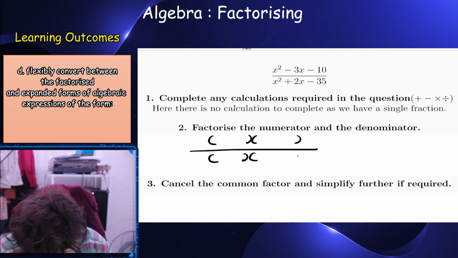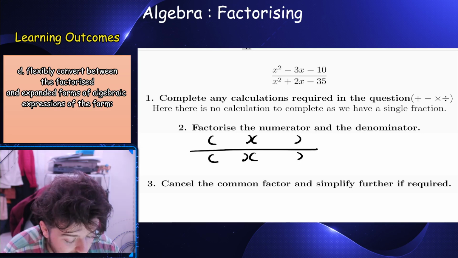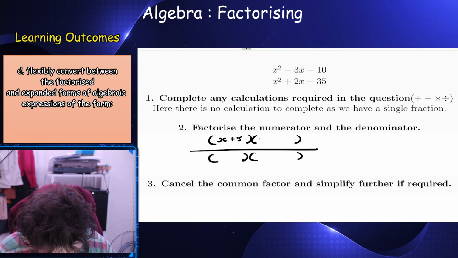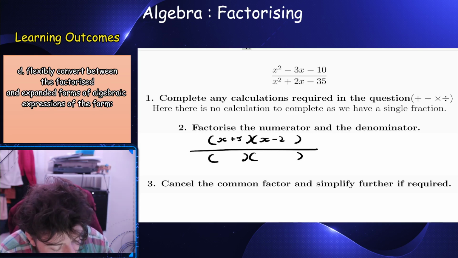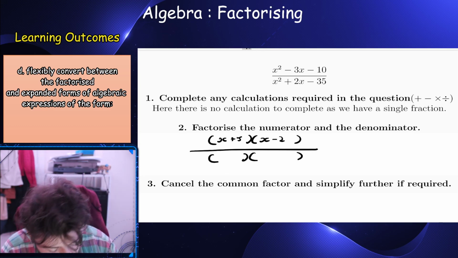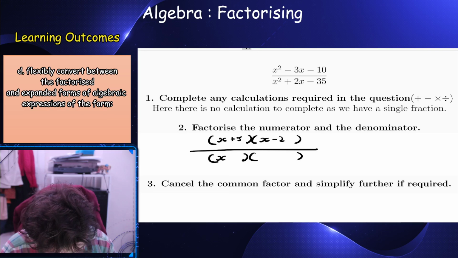So I'm going to have here 2 numbers that multiply to get minus 10 but add to get minus 3. So that's going to be a 5 and a minus 2. So x plus 5, x minus 2. Then at the bottom here, 2 numbers that multiply to get minus 35 but add to get 2. That is going to be an x plus 7.